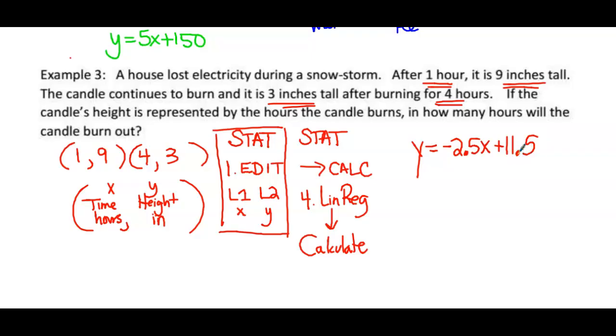I need to make sure I know what all this means, because this is about a candle. So let's put some notes. The y-intercept is the starting point. So this must be the start height of candle.